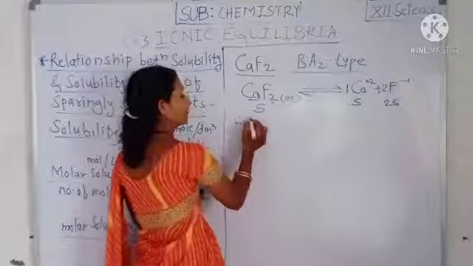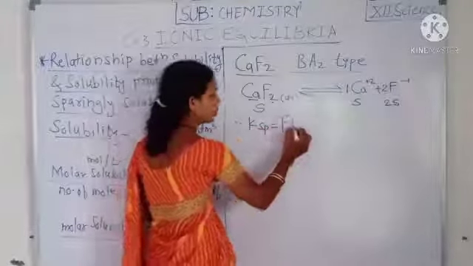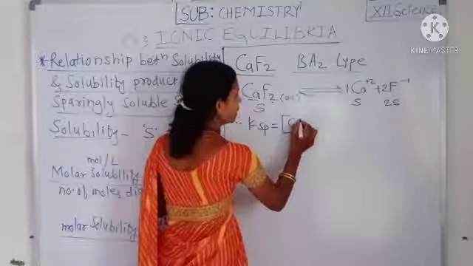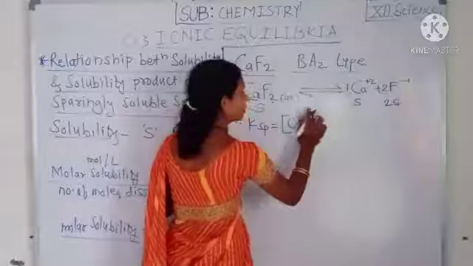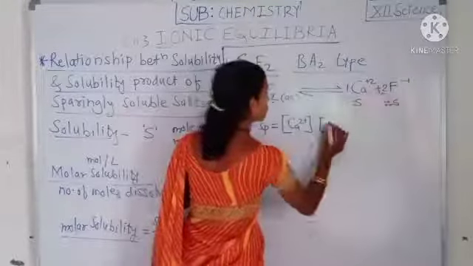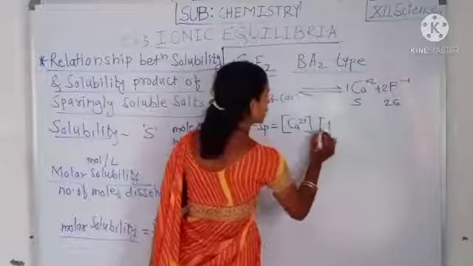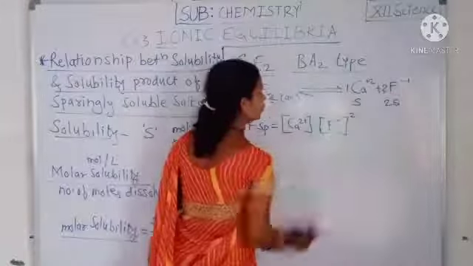Therefore, see here, Ksp is equal to the concentration of Ca2+ ion raised to 1, into the concentration of F- ion raised to 2.